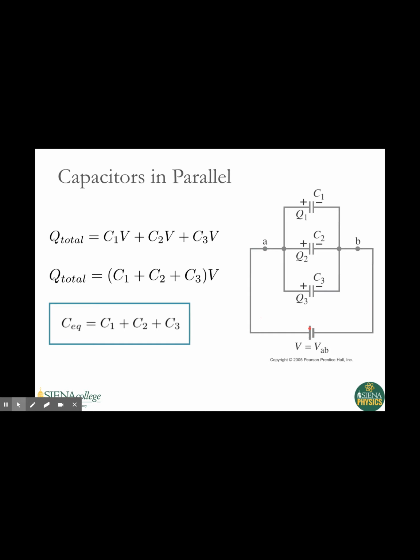So if my battery is 1.5 volts, then the voltage across this capacitor is 1.5 volts, same here, 1.5 volts, same here, 1.5 volts. If I rewrite this equation, I can factor out the potential, and I'm left with the addition of the capacitances. So C equivalent, if I were to redraw this circuit, I could represent all of these by just one capacitor, and I would calculate the capacitance of that capacitor as C1 plus C2 plus C3.